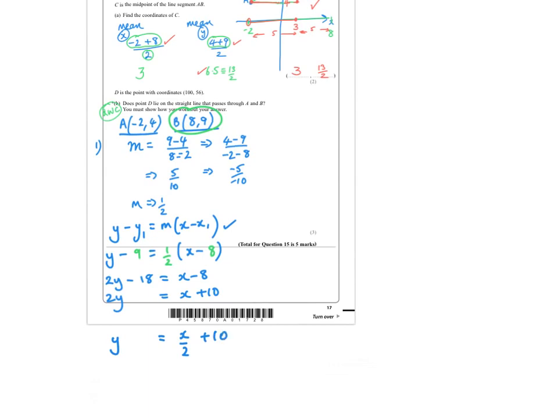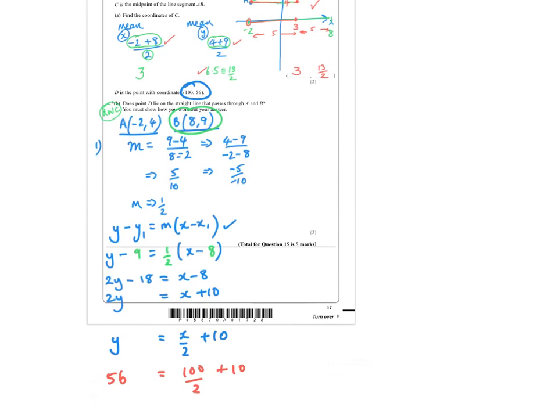Now, if you're really good at straight lines, it's not too much work then to check whether 100, 56 is allowable. Because if you put y as 56 in here and x as 100, if you get them balancing, then that would be true.